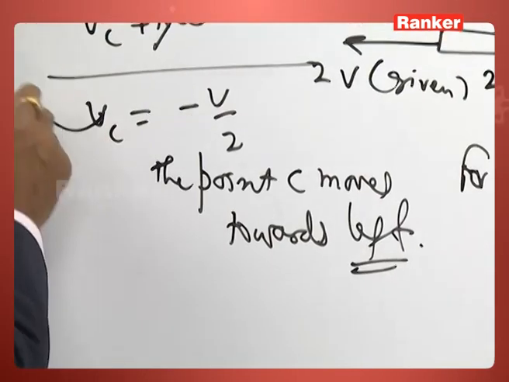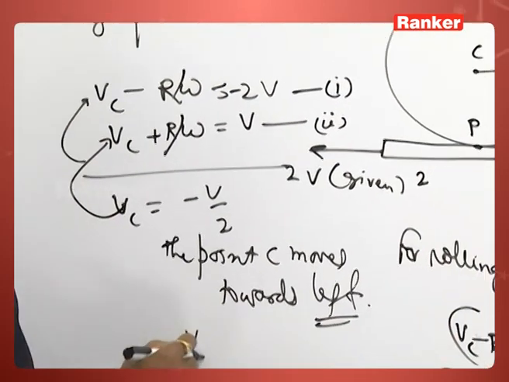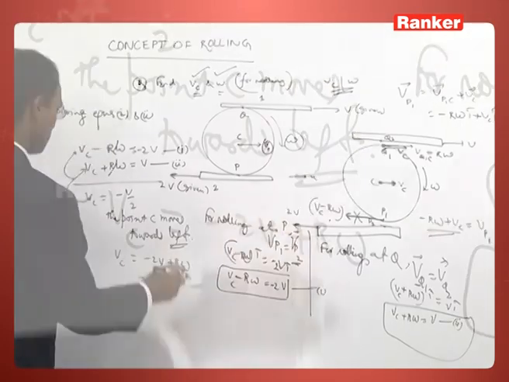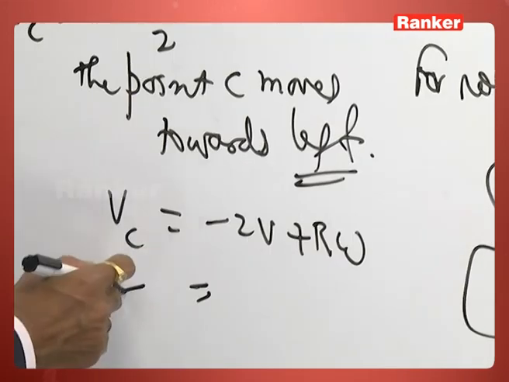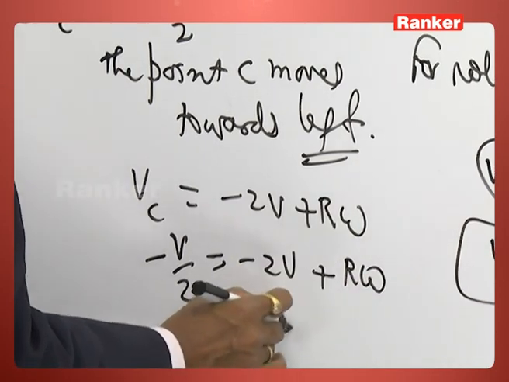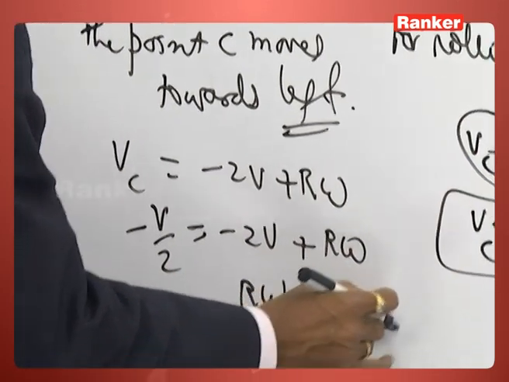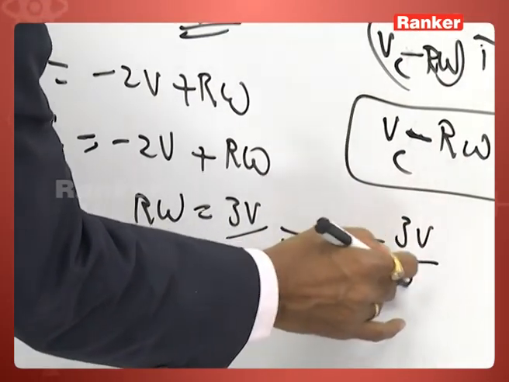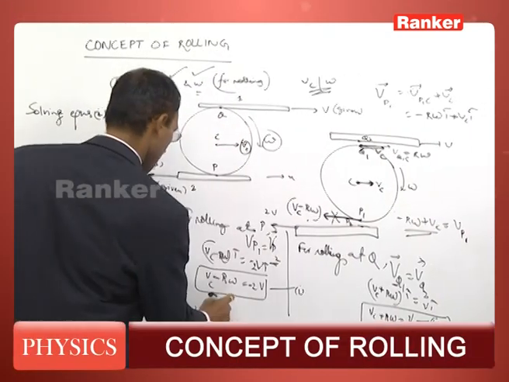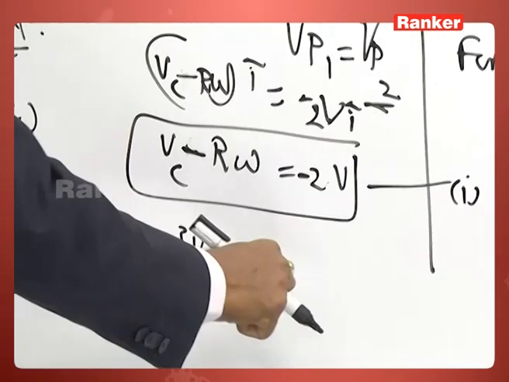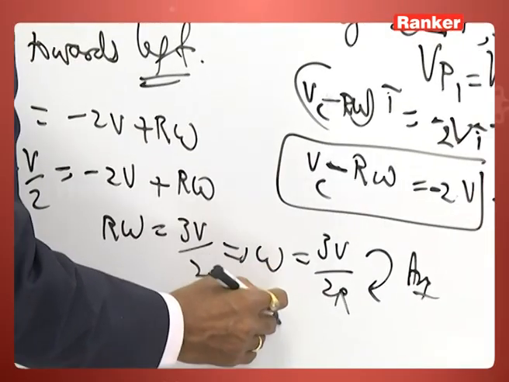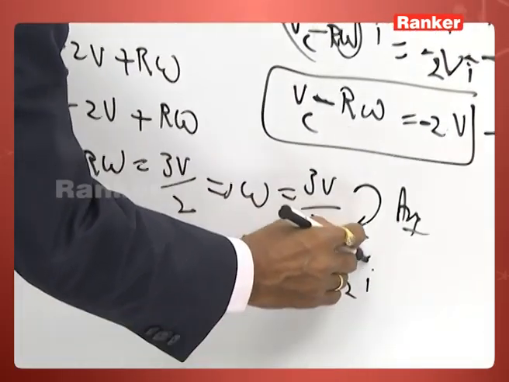And substituting Vc in either equation 2 or equation 1, you can get Vc is equal to minus 2v plus r omega, or Vc is equal to minus v by 2 is equal to minus 2v plus r omega. So r omega is equal to 3v by 2. So omega can be written as 3v by 2r. Since it is positive, our assumed direction of omega is correct, and our assumed direction of omega is clockwise. Therefore, this is the correct answer. And Vc is equal to minus v by 2 i cap, answer.